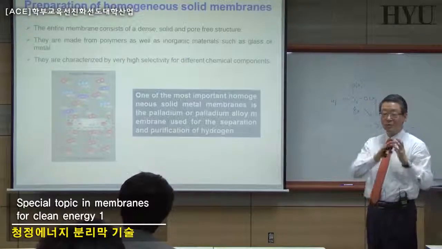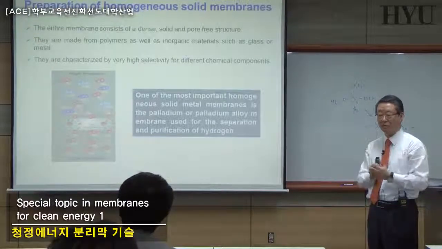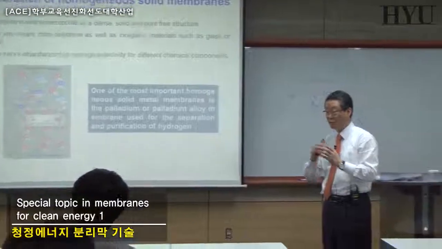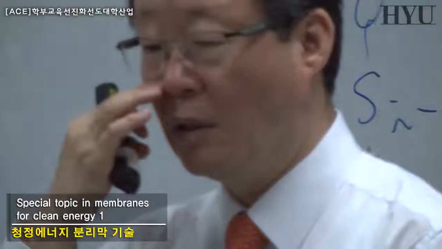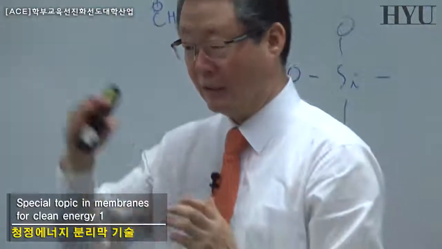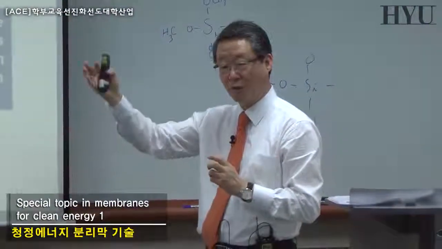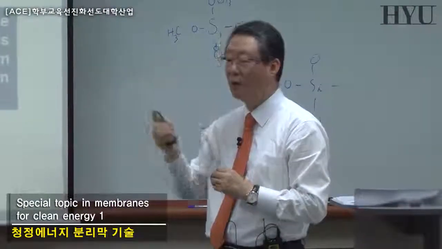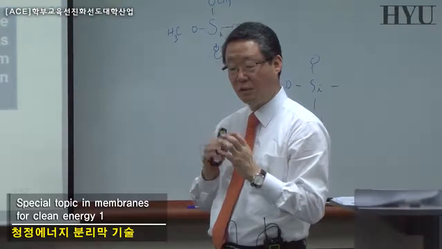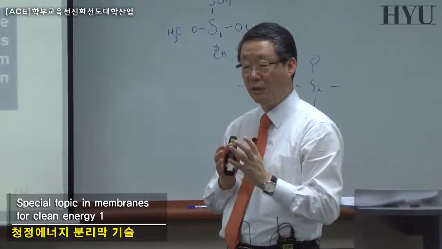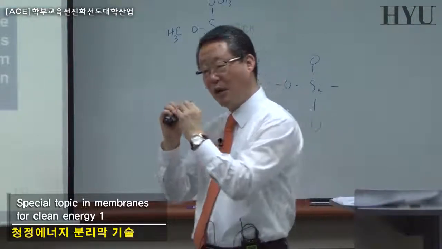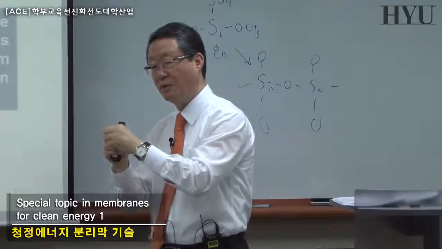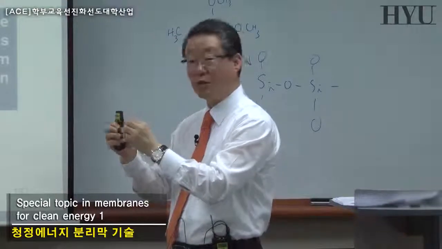The purpose of making this from the coal is to make electricity. Before making electricity in the boiler, the fuel will be hydrogen instead of coal itself. So hydrogen should be separated from the mixture of hydrogen and CO2.